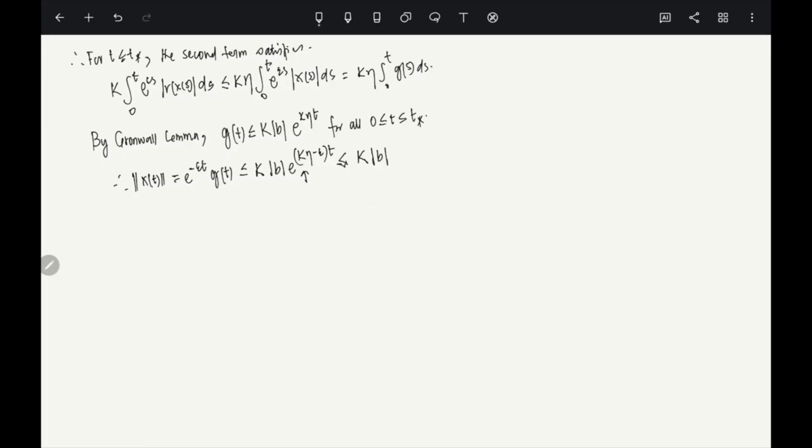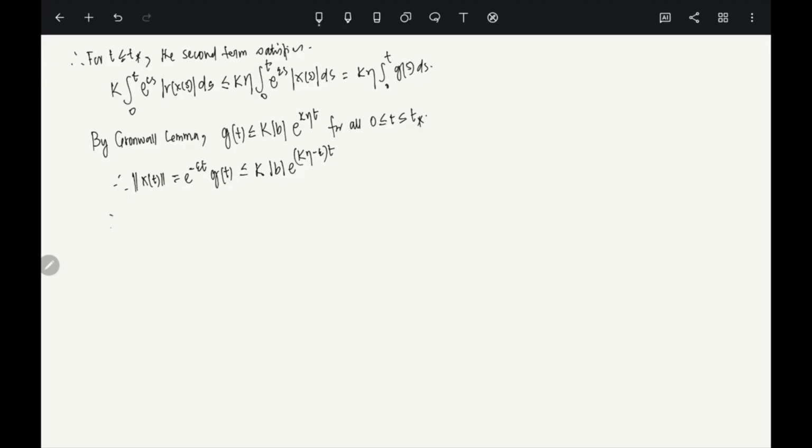Once again, let me put it properly. The norm of x of t is this, and now the exponential is decaying. k eta minus epsilon is negative, right?